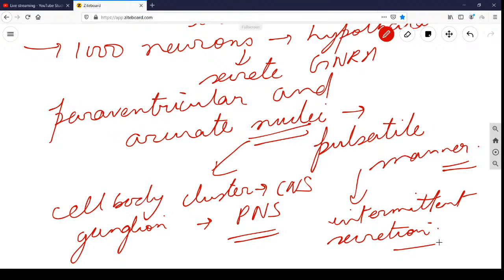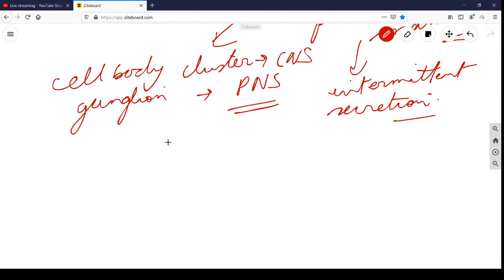The hypothalamic GnRH gene expression occurs intermittently, again in a pulsatile manner, and is dependent upon a promoter. The GnRH gene has a 300 bp promoter region.